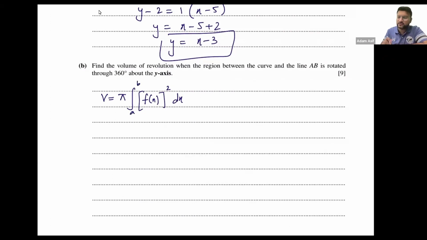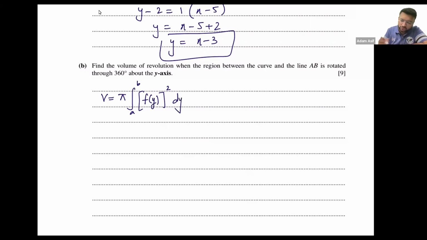That's the formula when the area between the function and the axis is rotated 360 degrees. This formula is for the x-axis. For the y-axis, you need the function in y, and you need to integrate it with respect to y.